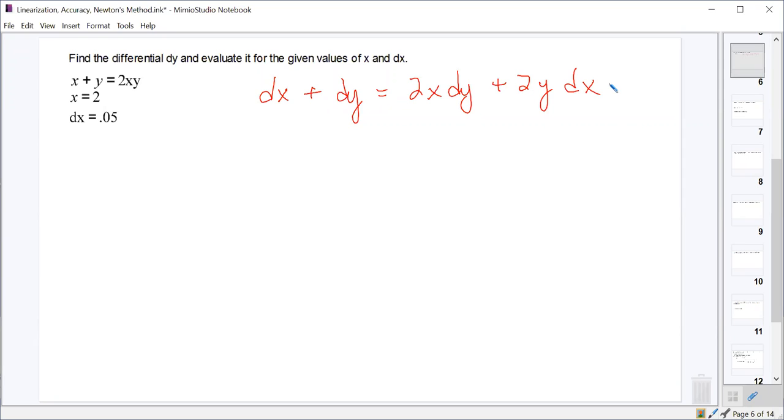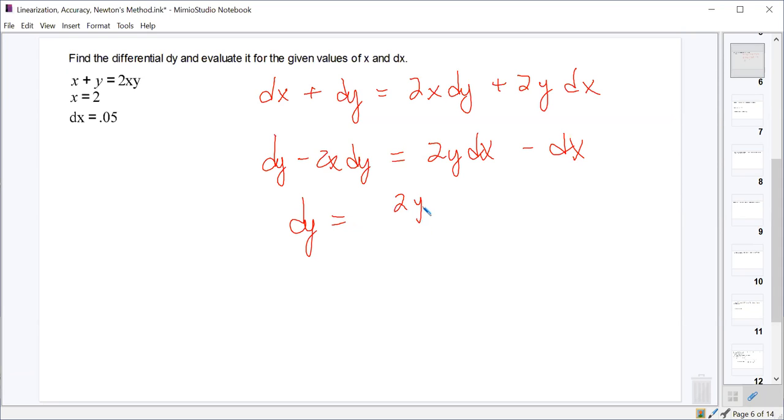And then we'll just plug in all of our values. The only problem with this is when we plug in all of our values, in fact, let's solve for dy first. So dy minus 2x dy equals 2y dx minus dx. And our dy is equal to 2y minus 1 times dx over 1 minus 2x.